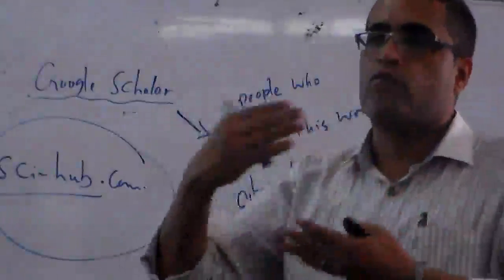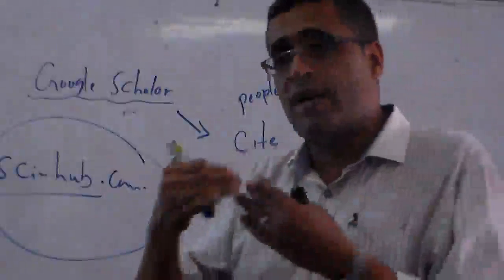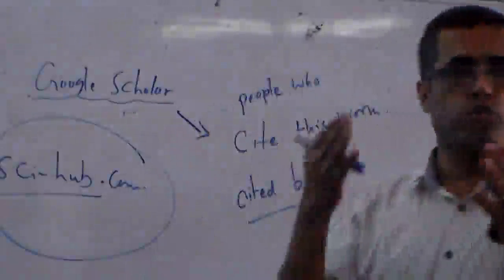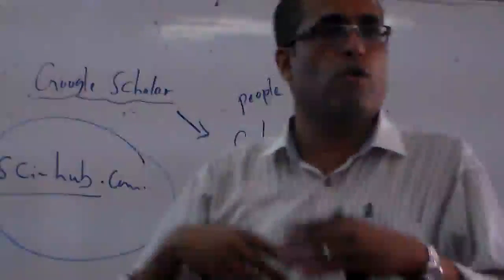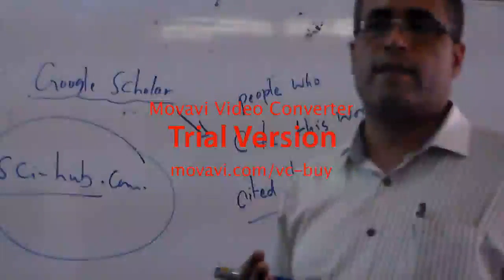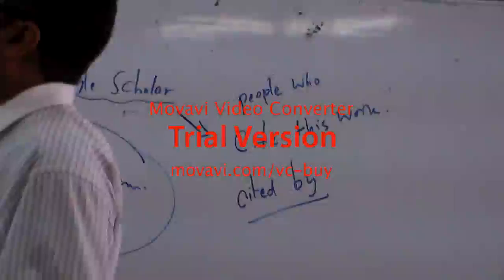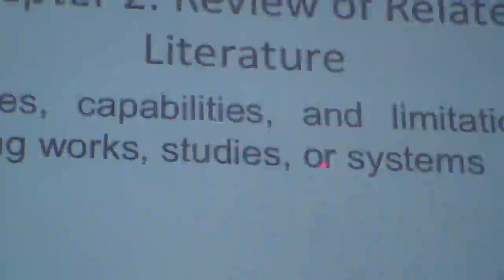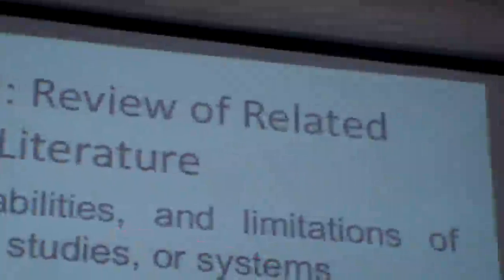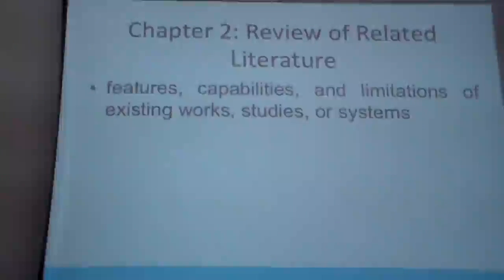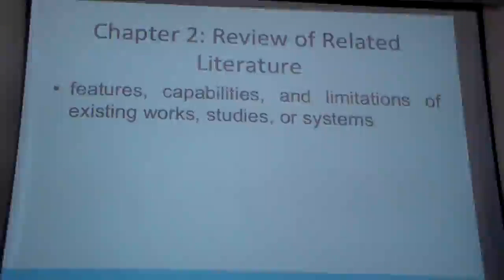Then you can learn and understand step by step how to criticize, how to say what are the limitations or disadvantages of existing works or existing studies or existing systems. If you are developing a system, then you will study existing systems. Or sometimes they call it existing works or existing studies.